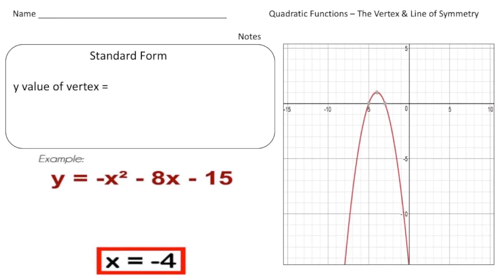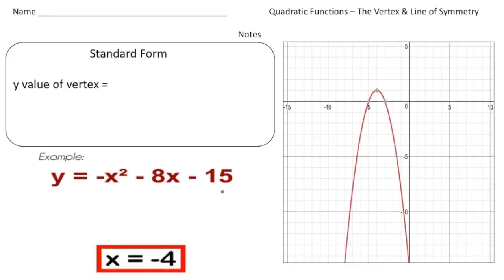What you do is you take that x value of -4 and you plug it into the function. So we're going to plug in a -4 for that x, and it's going to end up being -4 squared minus 8 times -4 minus 15.